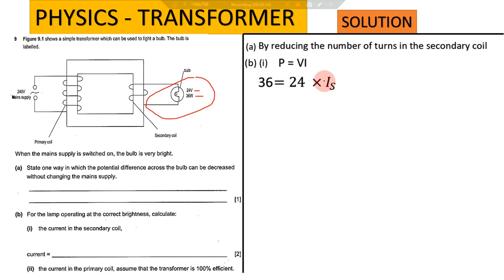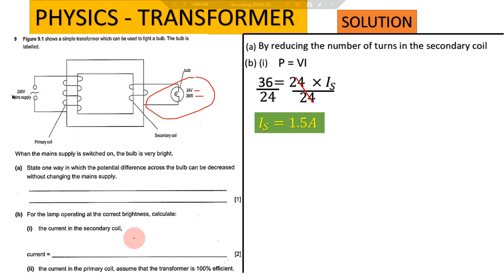The current in the secondary we don't know, so we divide by 24 on both sides. So current equals 1.5 amps when you divide 36 by 24. This is the final answer for B1.